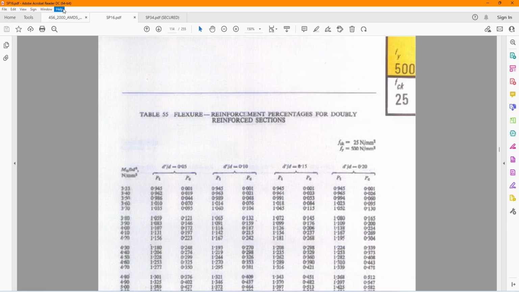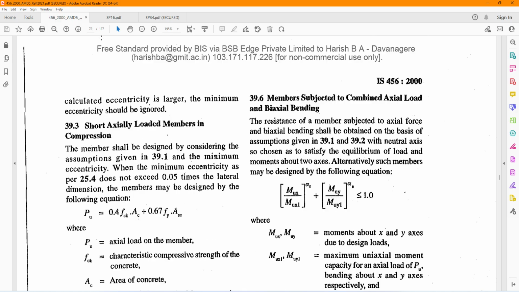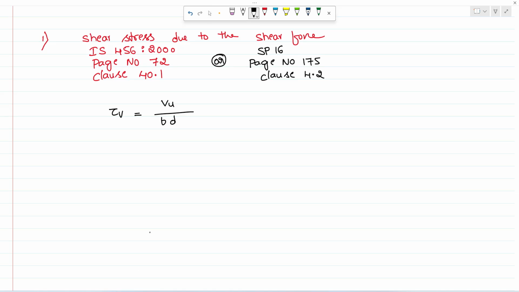So I will open IS 456. So that is page number 72. See here. The nominal shear stress in beams of uniform depth shall be obtained by the following equation. So tau v equals Vu divided by bd, where Vu is shear force due to design loads, b is breadth of the member, d is effective depth. So in our case Vu is 120 into 10 power 3 shear force.